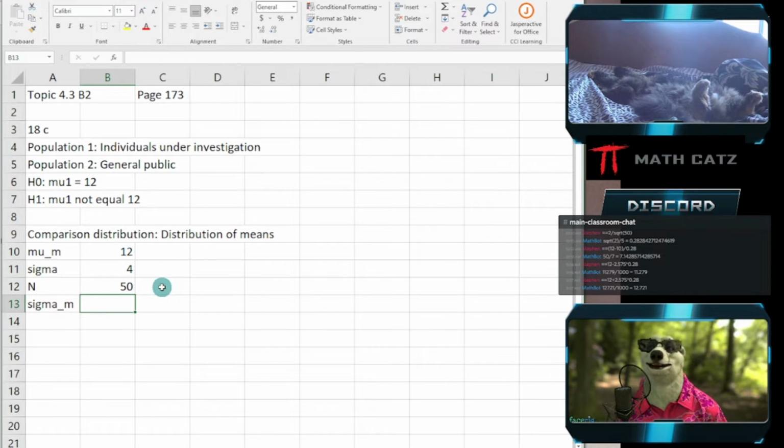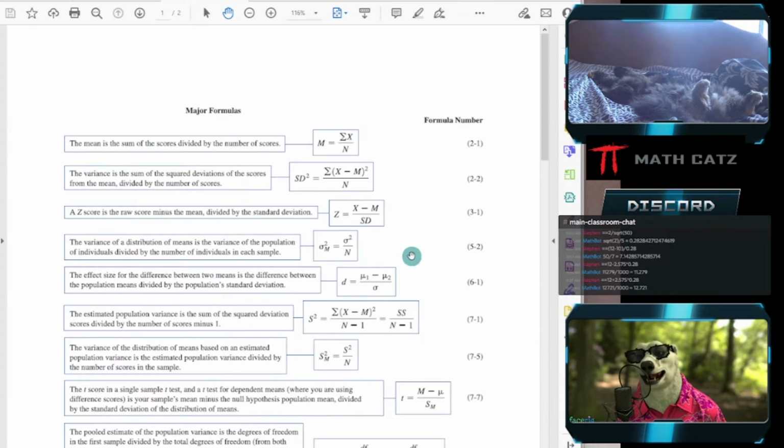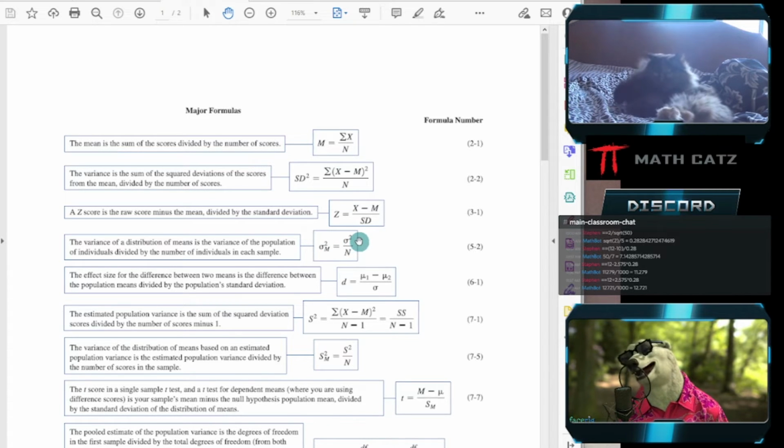So the standard deviation of the distribution of individual scores is connected to the standard deviation of the distribution of means by way of my formula. Here, formula 5-2 states it in terms of variance, but I can easily convert that by taking the square root on both sides, and then the standard deviation, sigma m, is sigma divided by the square root of the sample size.